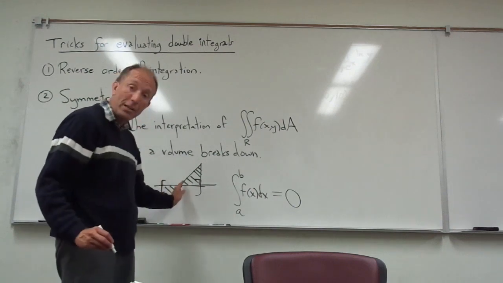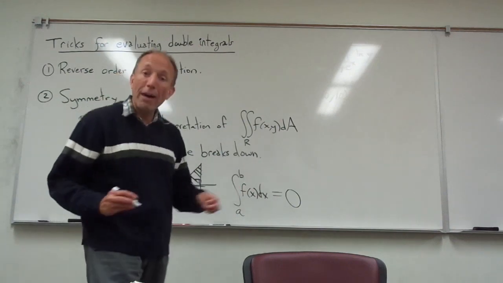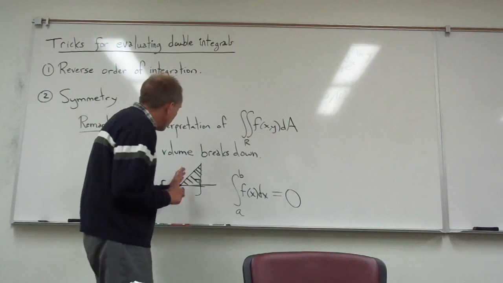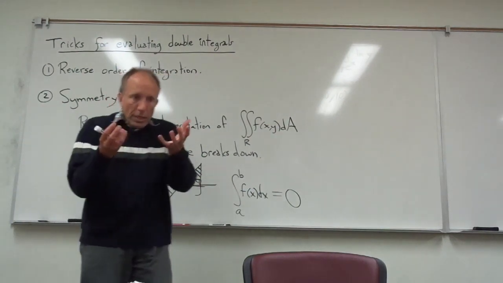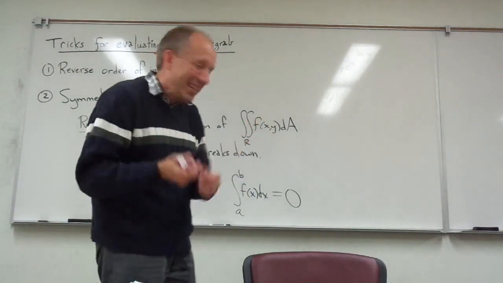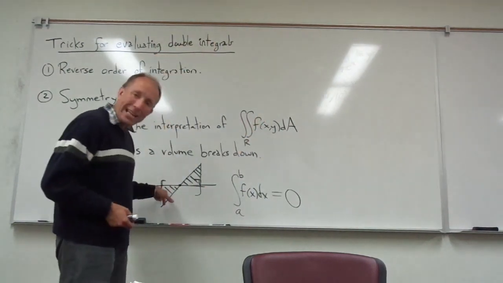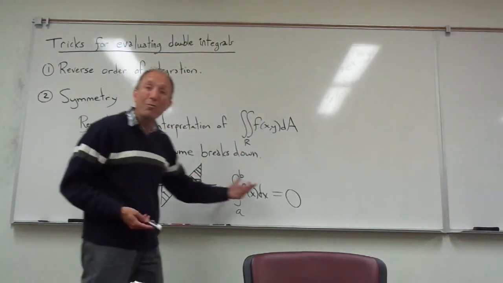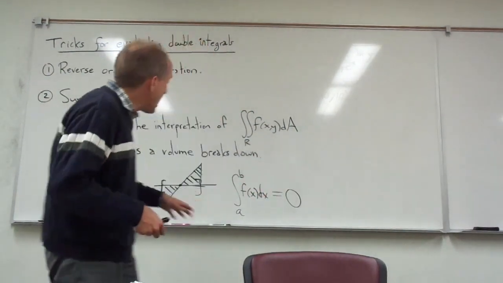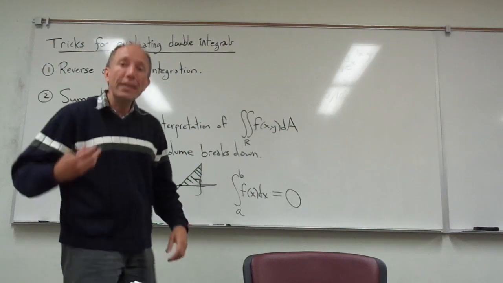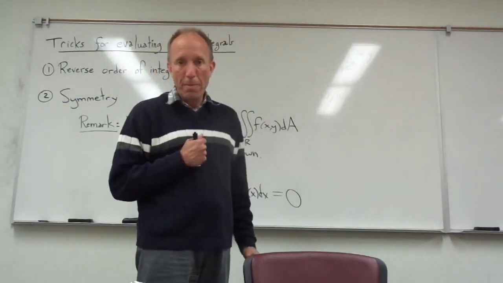It's going to be negative, but then it's going to cancel out on the right-hand side where it's positive, and basically these two areas are the same. But the integral counts this one as negative and this one as positive and reports a net total of 0, even though the actual shaded area, again, has to be a positive number.